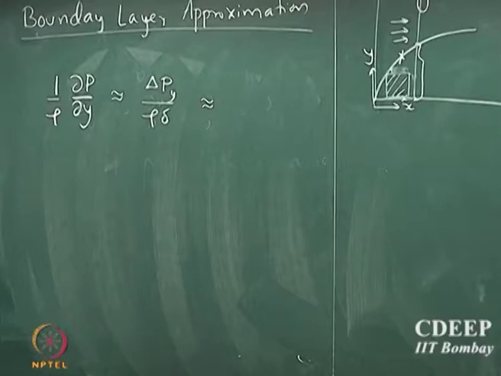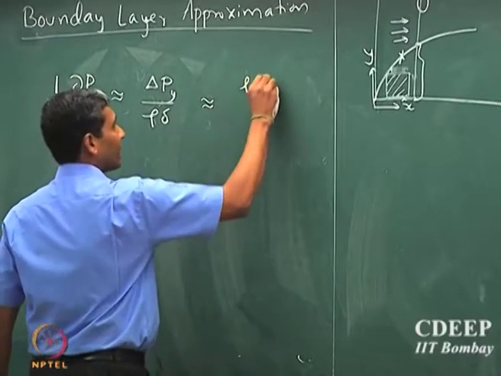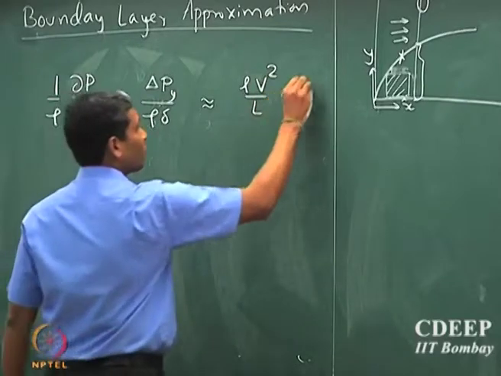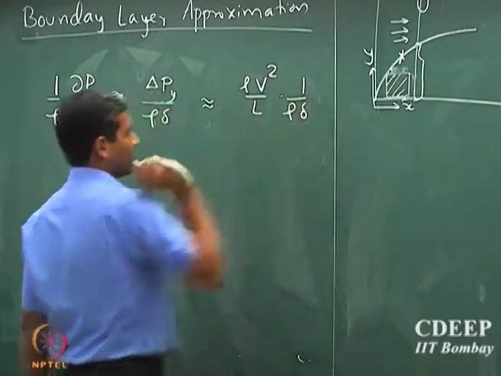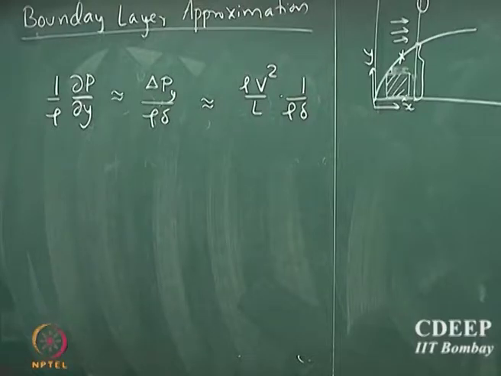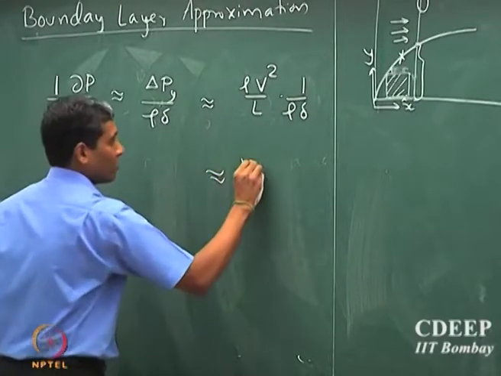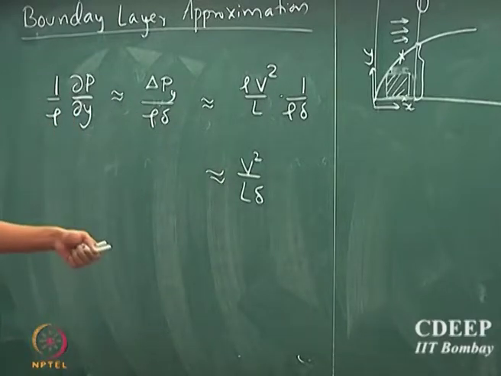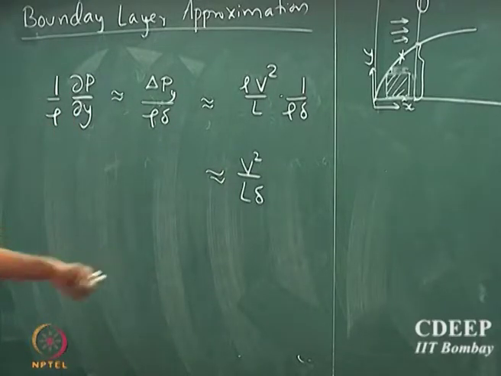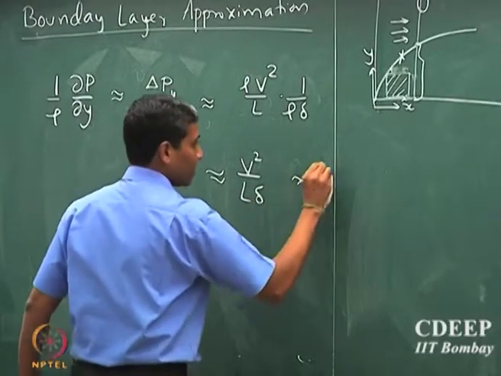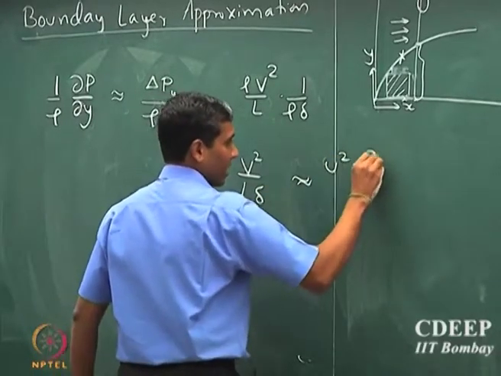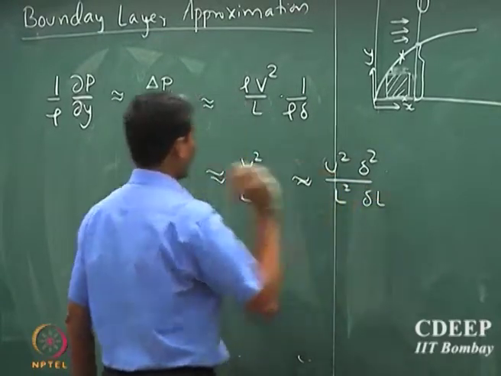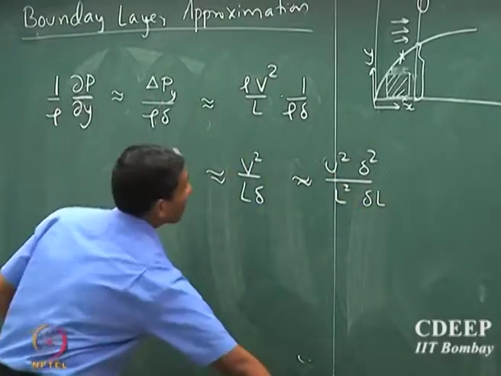The Bernoulli equation. So that scales as rho V square by L, right, into 1 by rho into delta, okay. So that will be V square by L into delta, but we know that V scales as U into delta by L, right. So that will be U square delta square by L square into delta into L. Oops, I put an extra L.